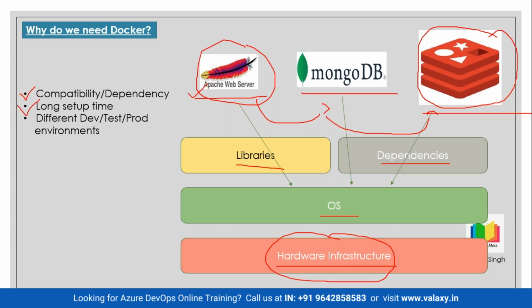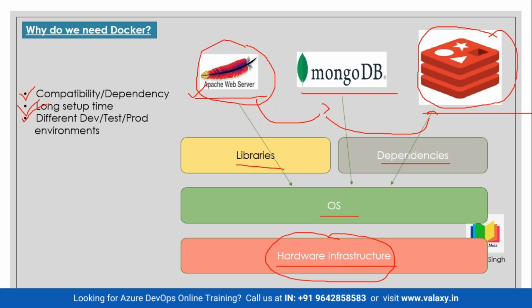Then there is long setup time, because you're setting up the VM, and on top of it all the dependencies and libraries, each and every application. So it definitely takes a longer time. And for different dev, test, and prod environments, if you set up dev first and somehow get it working, then to set up a different environment you need to repeat the entire thing again.